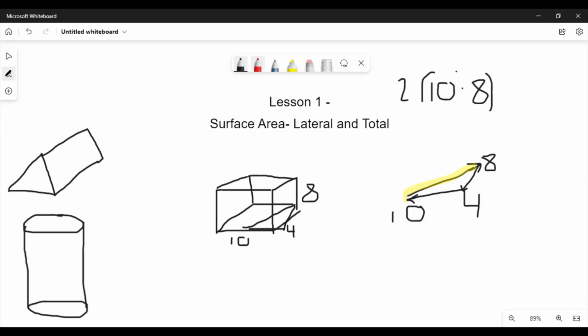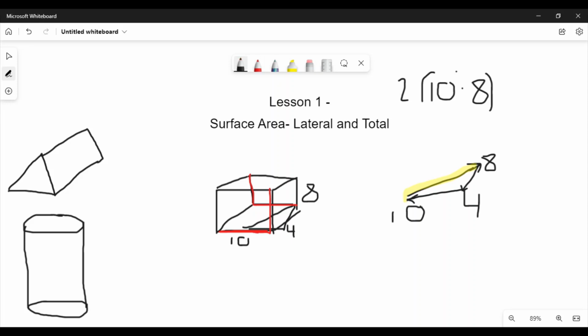Let me highlight that for you. That's the 10 and that's the 8. That's the front, but you also have the back of that same exact shape with the same exact lengths. So you just multiply that answer by 2, since it's the exact same thing from the front and the back.